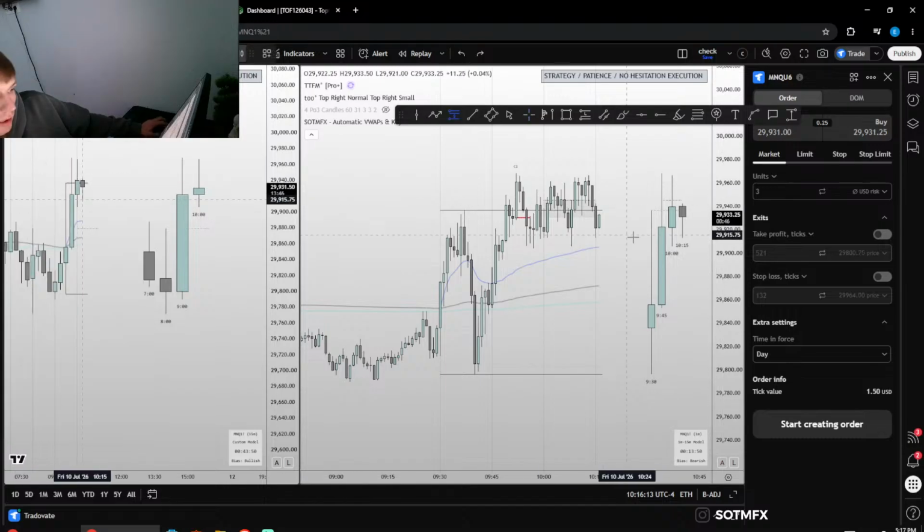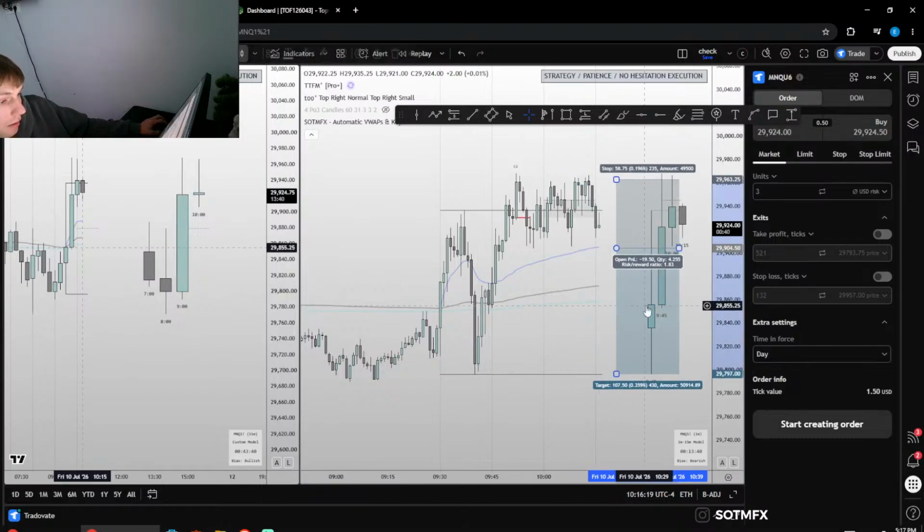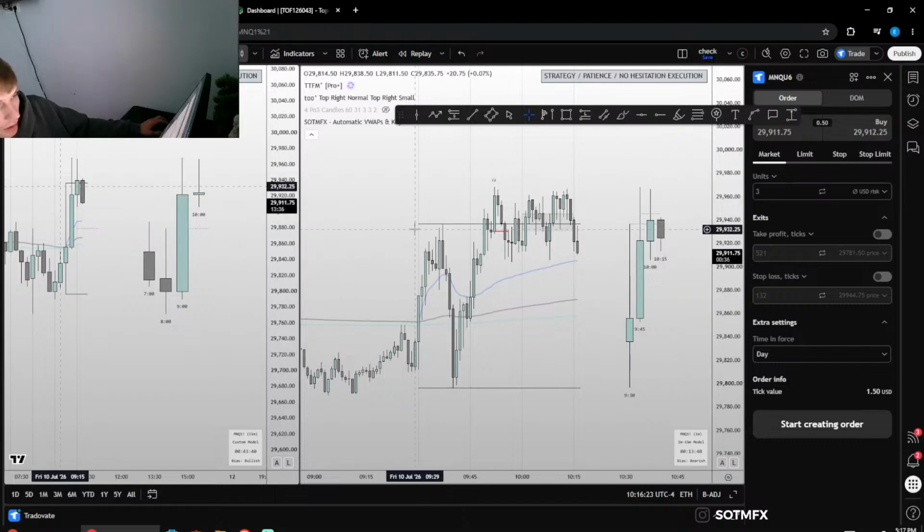Let's see if price really breaks and closes below the New York, then maybe I will look for a trade to the downside, because price did not expand within the candle before, so maybe price will expand within this candle. Let's see.